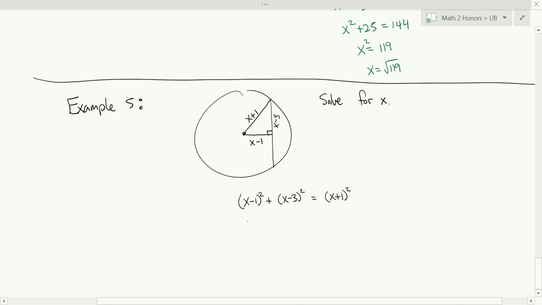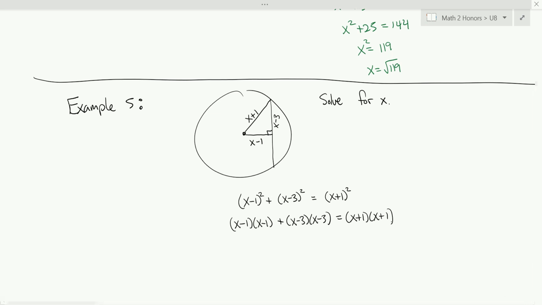And so you're going to have to find out what X minus 1 times X minus 1 is, and add that to X minus 3 times X minus 3, and set that equal to X plus 1 times X plus 1. Multiply all that out, and then simplify, and then set one side equal to 0, and then factor and solve for x. Go for it.